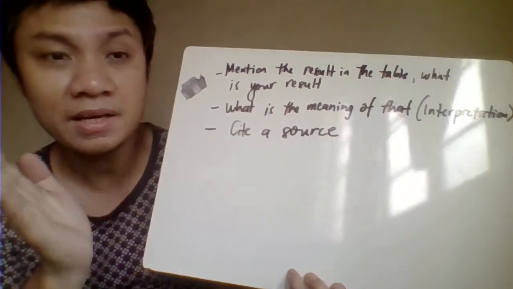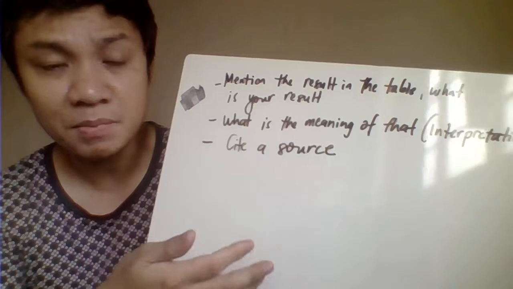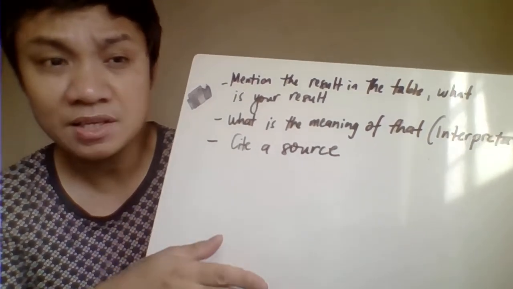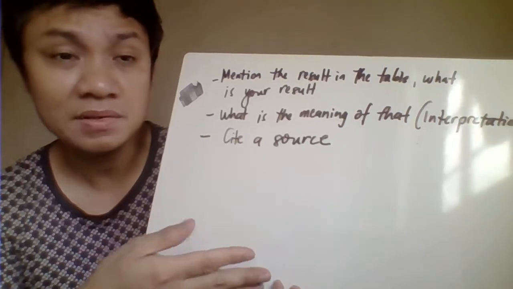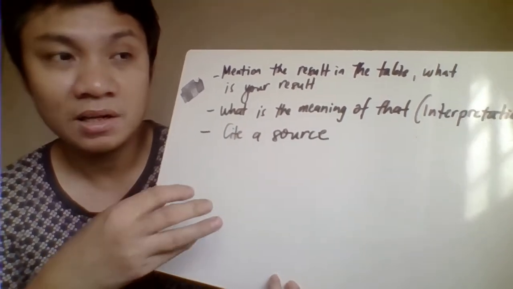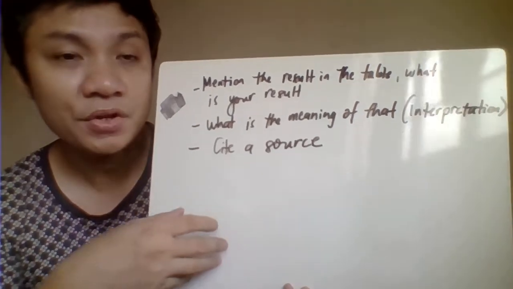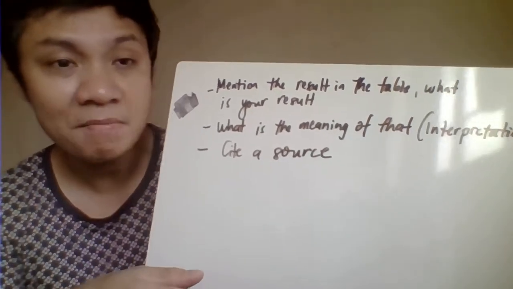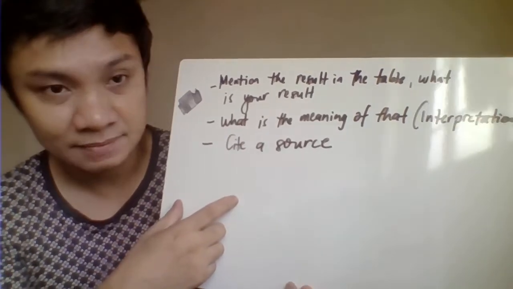You need to find a source that would explain why 50% is higher compared to 25%, why 50% is more effective than 25% in terms of the zone of inhibition, something like that. You need to find a source that would explain why you got that result, and you need to have the reference.